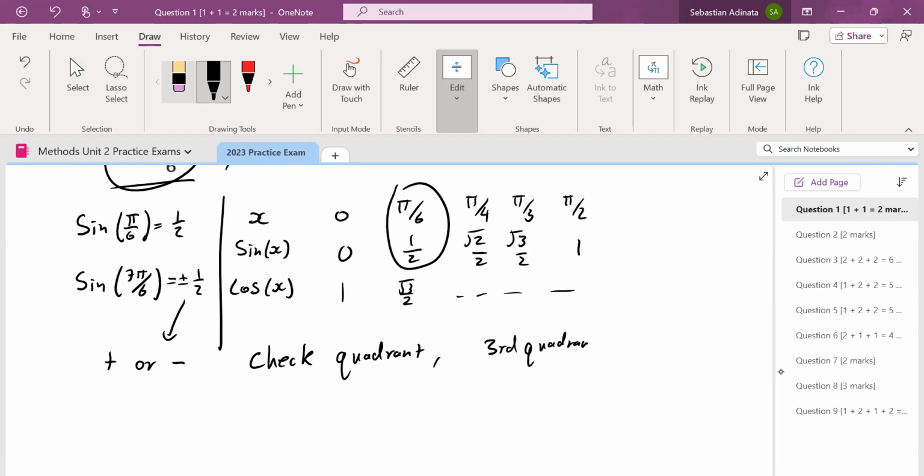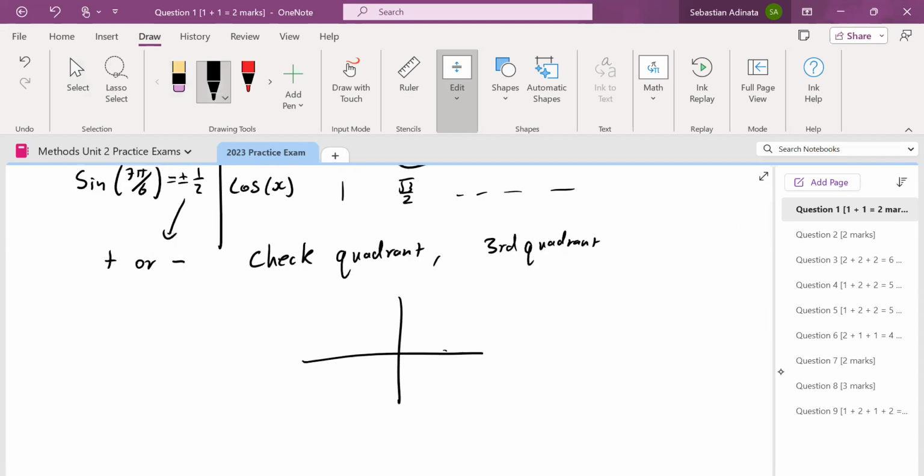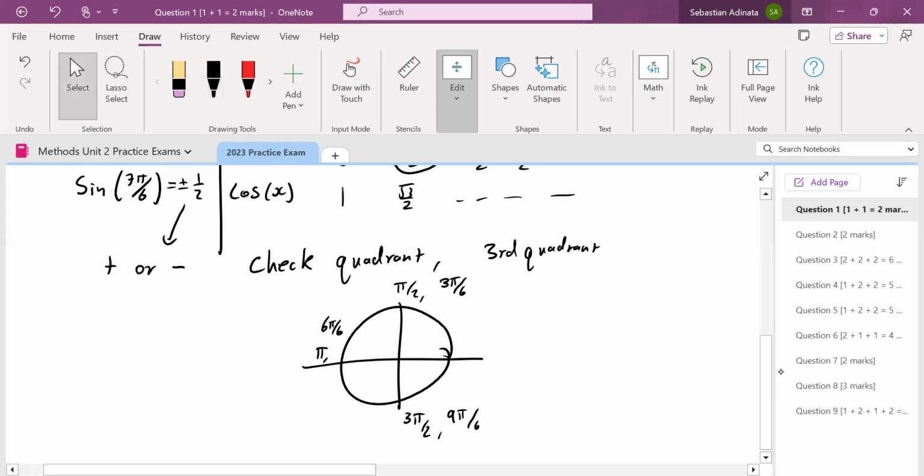A way you can check this is if you check the unit circle, pi on 6, pi on 2, pi, and 3 pi on 2. Now we're in pi on 6, so we can just change the fraction to make it easier for ourselves. And 9 pi on 6. Clearly, 7 pi on 6 is in between 6 pi on 6 and 9 pi on 6.